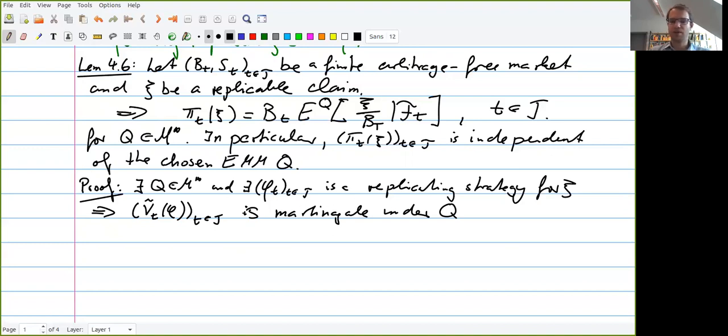If this holds for all self-financing trading strategies, then Q is a martingale measure. So we know the discounted value process is a martingale under Q.